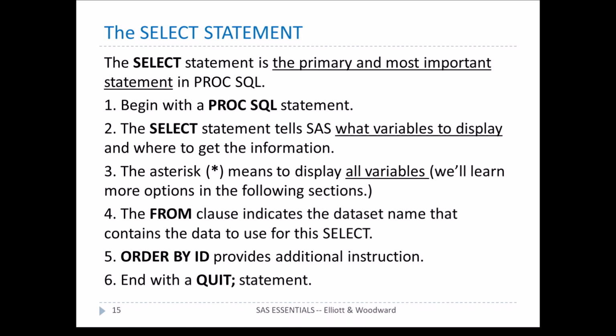The from clause indicates the data set that contains the data to use in the select. And in the case of this example we just looked at, the order by ID provides additional instruction that's going to tell proc SQL to display the data in a certain order. And finally, we end with a quit statement.